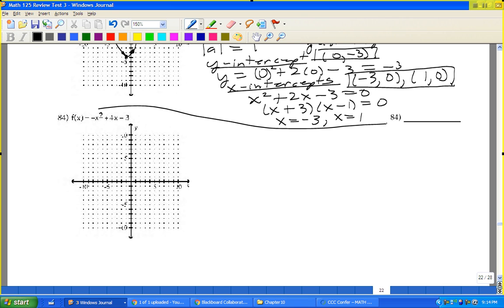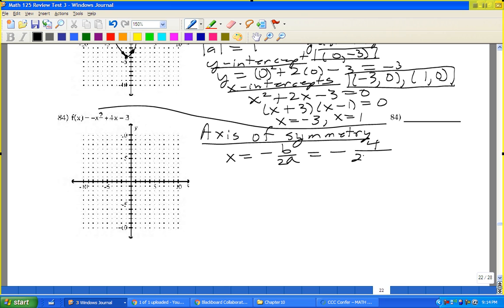And so, let's find the axis of symmetry. So x is equal to negative b over 2a, so negative 4 over 2 times negative 1. So that becomes a positive 2.